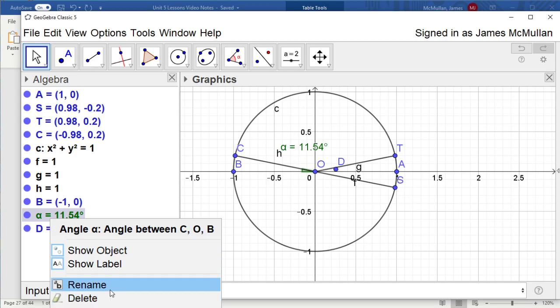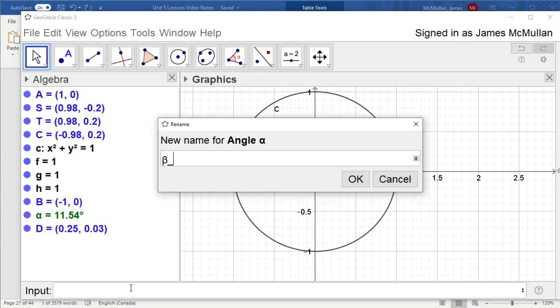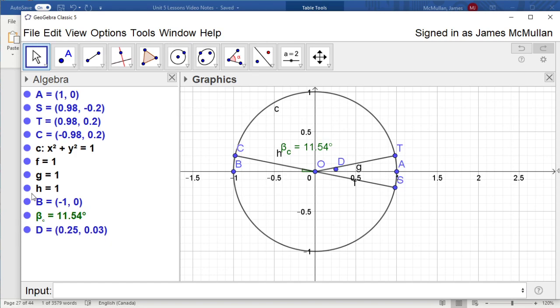So let's rename this to beta from cosine. The beta from cosine was telling us was 11.54. Now the beta from the other two obviously is going to be the same, but let's just demonstrate it. So the beta from sine was telling us angle SOA, which was also 11.54, and the beta from tan was the angle from A to O to T, and that was also 11.54.